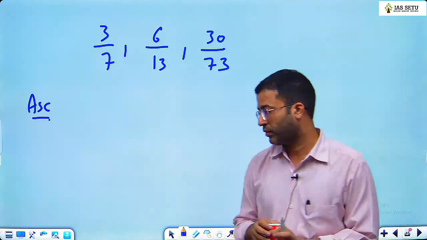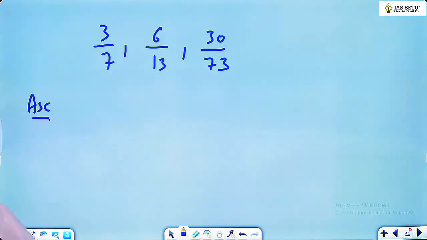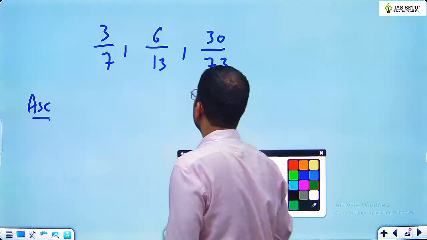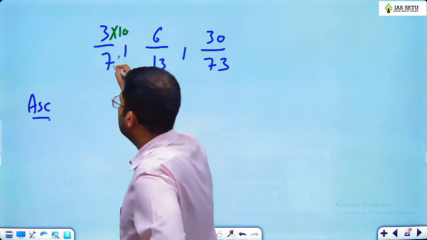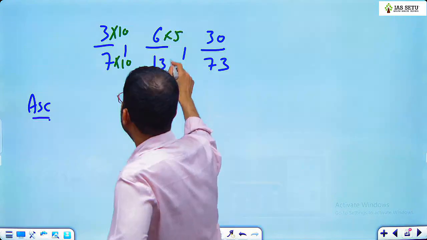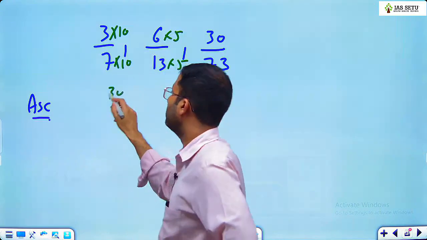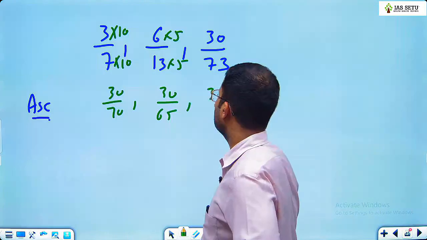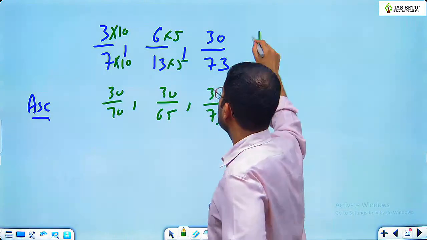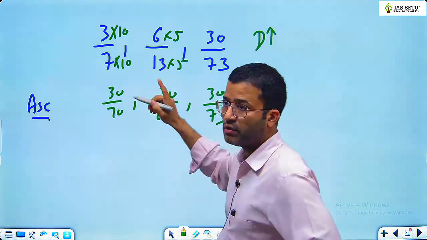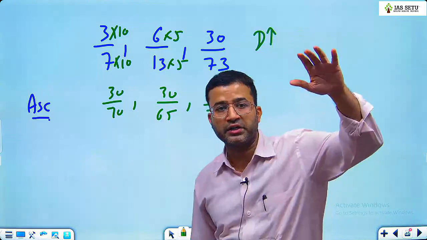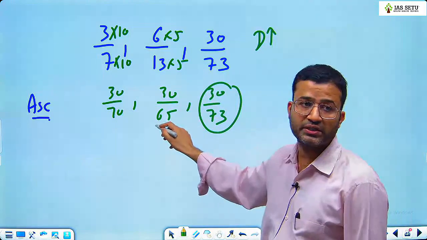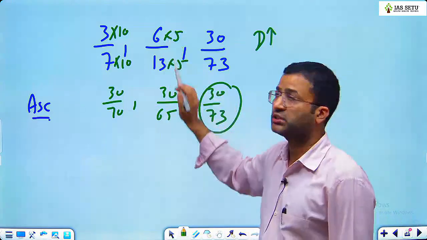CAB. We try to make our numerator same. So we multiply with 10, multiply with 10, multiply with 5, multiply with 5. This is 30 by 70. This is 30 by 65. This is 30 by 73. If numerator is constant, as denominator increases, value decreases. तो ये सबसे छोटा है and 30 by 65 is the largest, 6 by 13 is the largest.